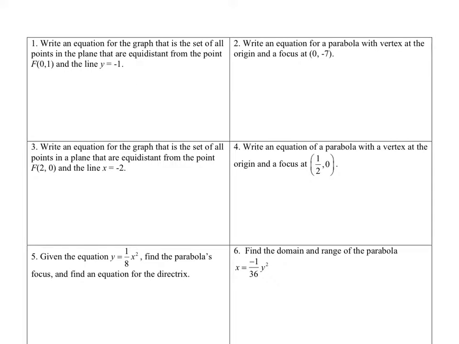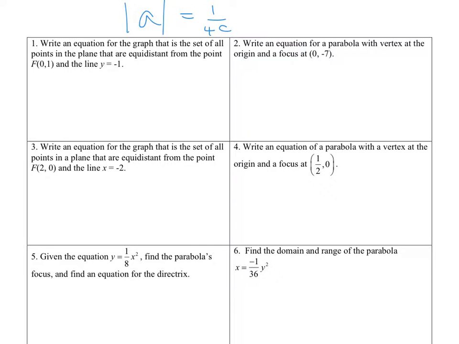We're going to want to use again and again that c is the distance from the vertex to the focus. So I'm going to use this formula: the absolute value of a equals 1 over 4c, where c is the distance from the vertex to the focus of the parabola.